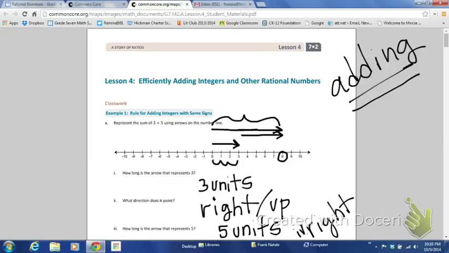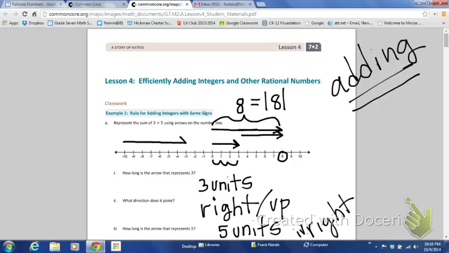So this arrow is 8 units long, and therefore its absolute value is 8 as well.